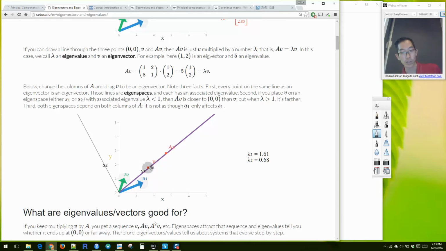If V is right here, then we can just multiply by a scalar, and we can end up potentially at where AV is.